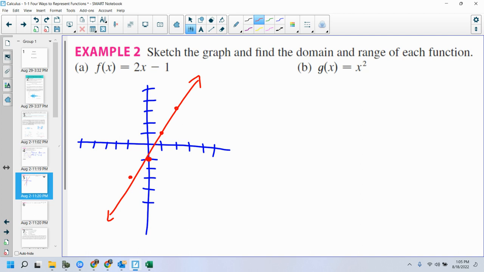Another way that we could have graphed that is just to pick some inputs, right? Do I need all of those outputs? Do I need all of those points? No, it's a straight line. I only need 2. But I only know that because I can recognize that it's a linear function. We're going to get to functions where we have no idea what it's going to look like.